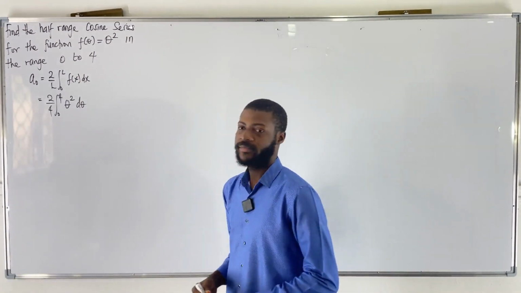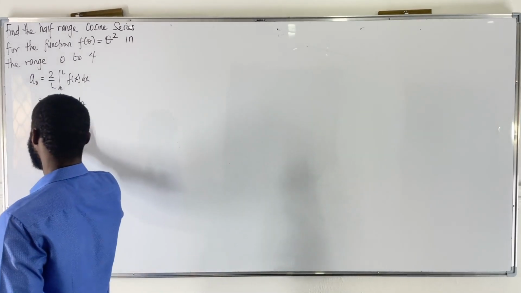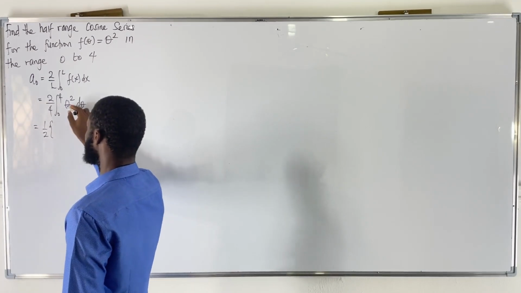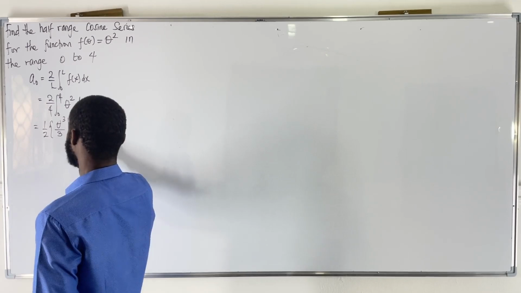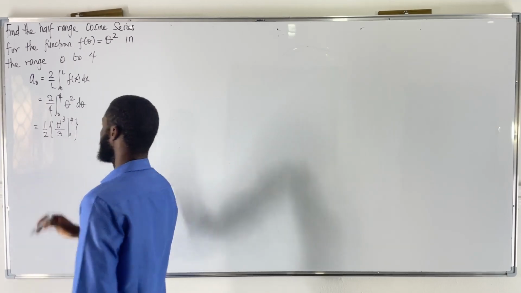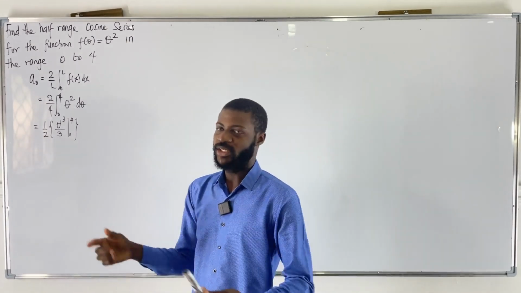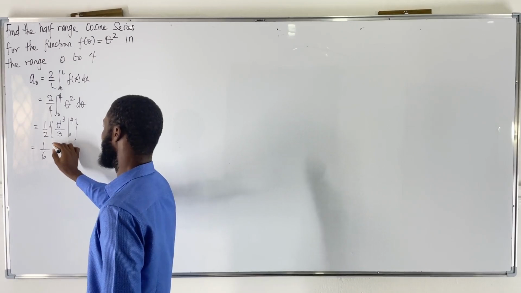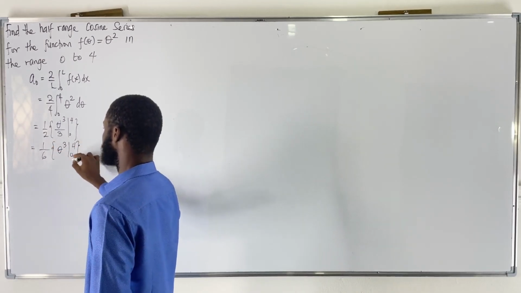So this is what we have. Next, 2 over 4 is a half. So this will become 1 half. And then let's integrate theta squared. To integrate theta squared, we're going to have theta cubed all over 3 from 0 to 4. Next, this 3 can come outside. So this becomes 1 over 6. Then we've got theta cubed from 0 to 4.